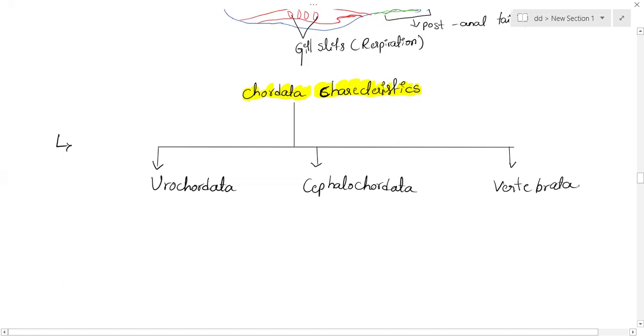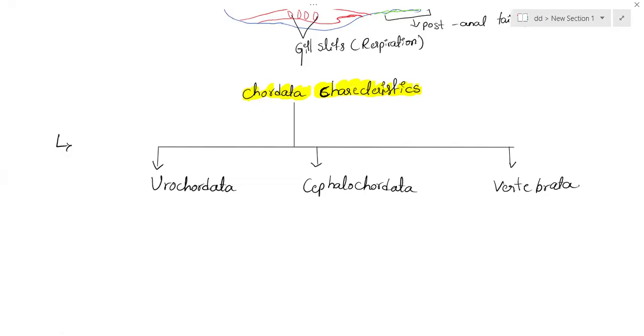The chordata will have the notochord and nerve cord, so that's why we call this chordata, whereas previous phyla have only the nerve cord. They didn't have any sort of notochord. But in phylum chordata, they have both.